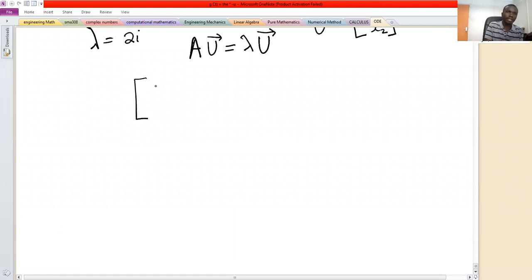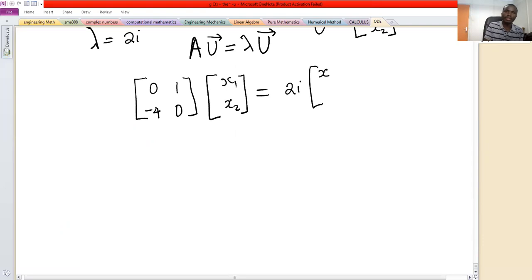So the A matrix is 0, 1, minus 4, 0. U vector is x1, x2 equals to 2i, which is the lambda, and then times u, which is x1, x2.